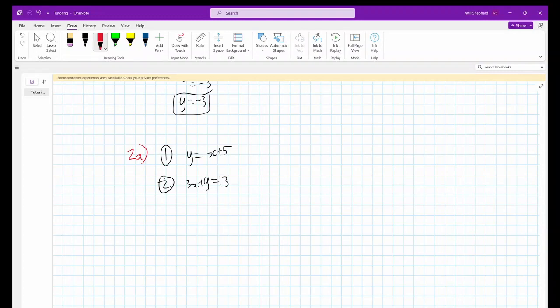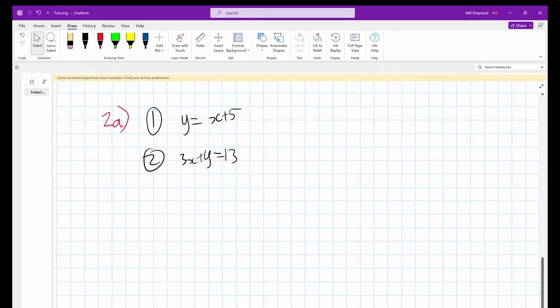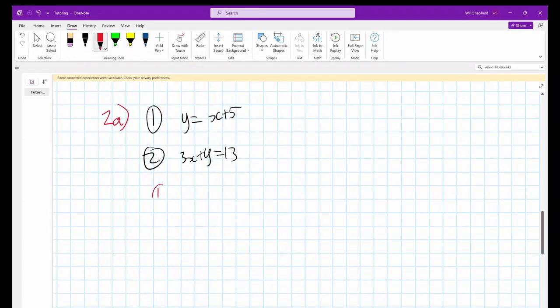Using the substitution method, we can put 1 into 2. In that case, we would get 3x plus x plus 5 is going to be equal to 13, because y is equal to x plus 5, and when we substitute that in for y, we get this.